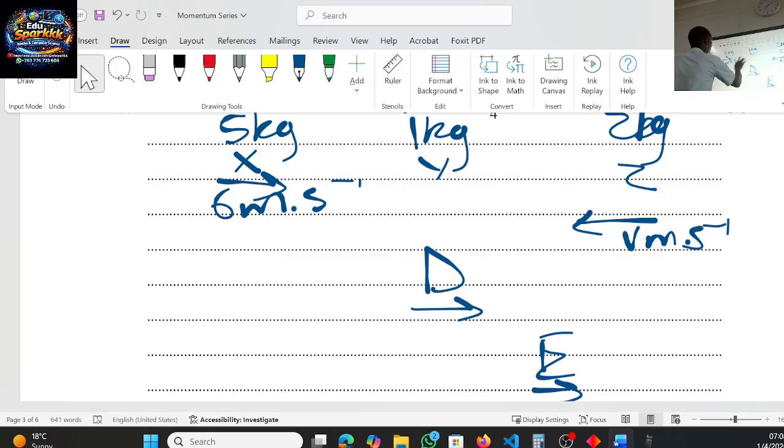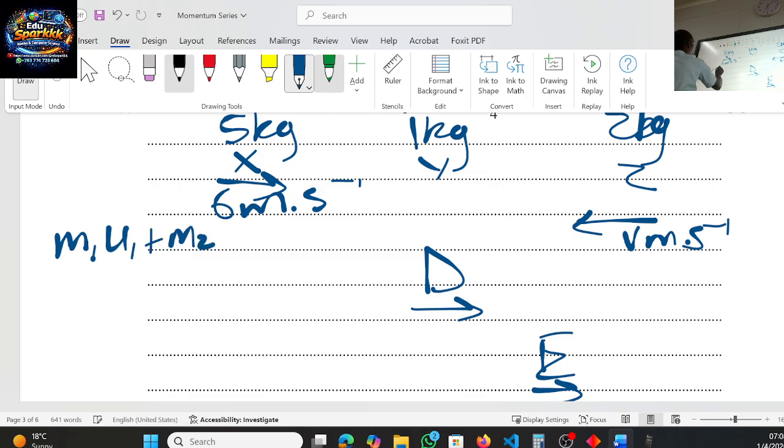When these two collide, according to conservation of momentum, we have m1u1 plus m2u2 equal to m1v1 plus m2v2. Then what do we know?